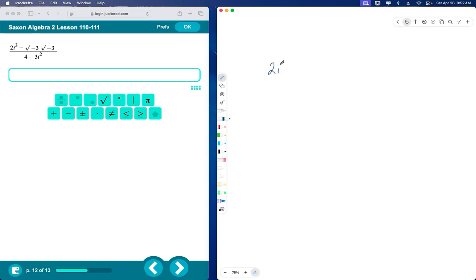So 2i cubed minus square root of -3 times square root of -3 over 4 minus 3i squared. All right, so let's simplify first. I've got 2 and i squared. If I do i squared and then i, that's the same thing as a -1, right?